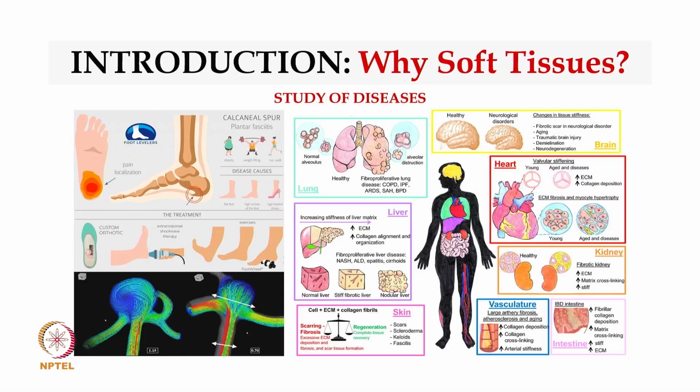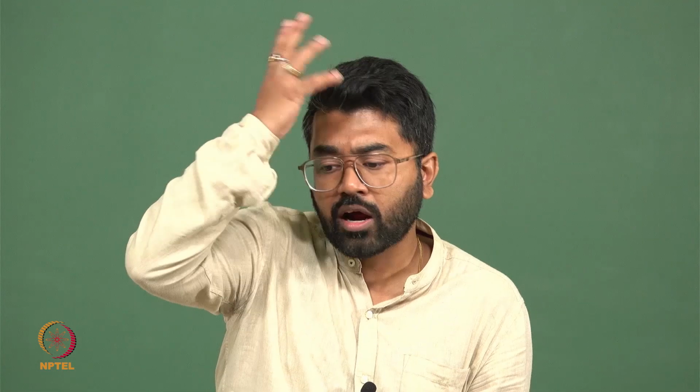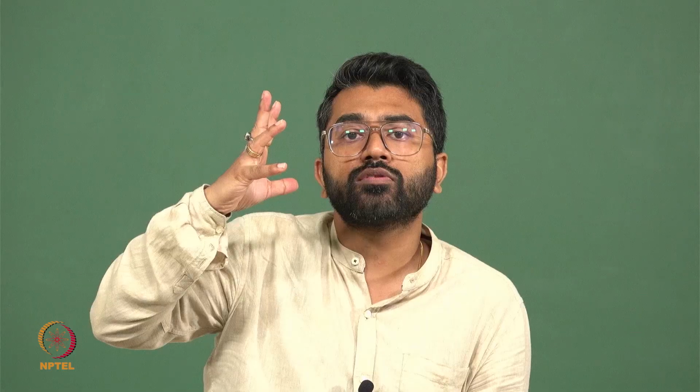Next example here, you are looking at the bottom left, you're looking at an image of a cerebral aneurysm. So cerebral arteries are arteries of the brain, and sometimes what happens is there are certain locations in these arteries where it becomes a weak spot, and there is a bulge which happens, right?